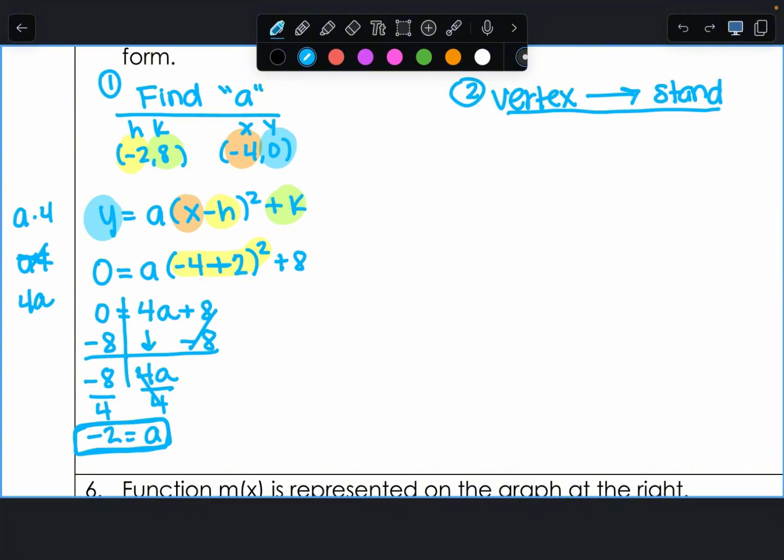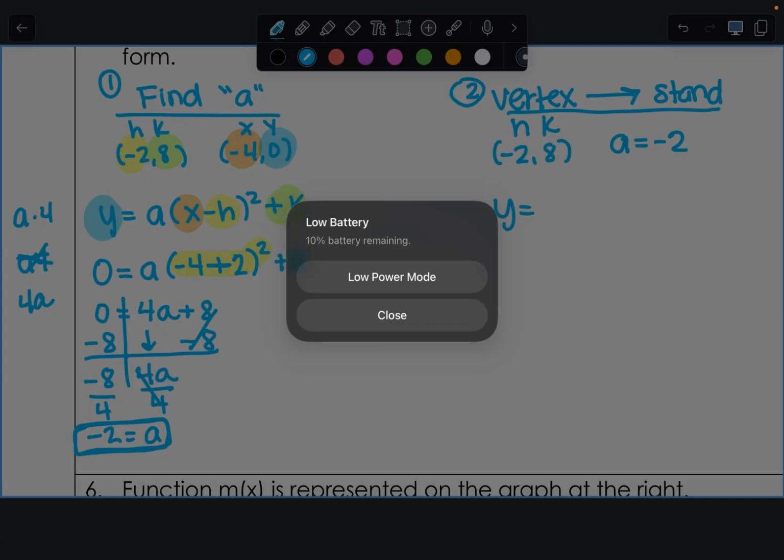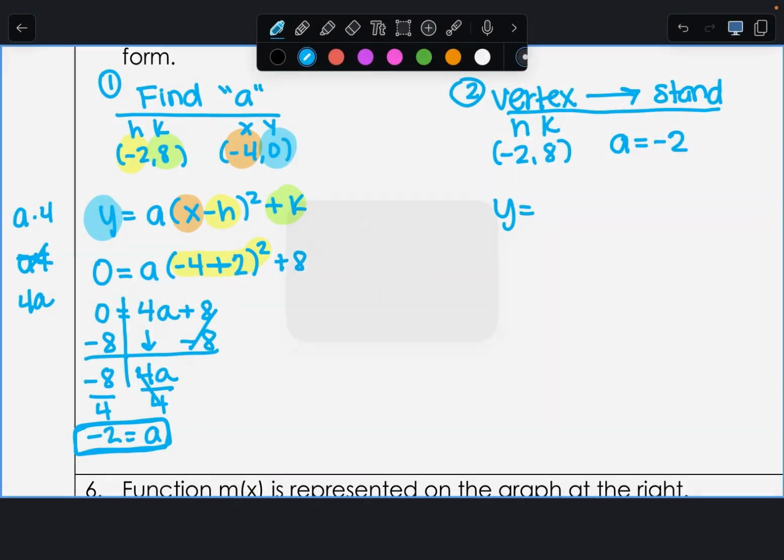So the first thing is write down all the information that you're going to need so you can plug it into your Vertex Form. We now know that a is negative 2, so bring down the negative 2. You get x plus 2 because you bring in that minus negative, right?